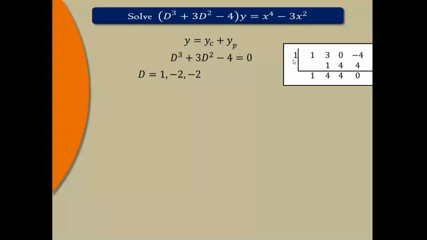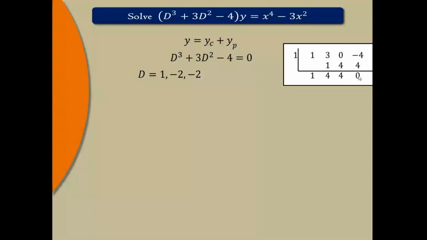Different values we have to check. Now after that we have to take this first coefficient as it is, then the product of these two terms over here, then the addition of these two terms gives 4, then 4 into 1 goes here, the addition of 0 and 4 is 4, 4 into 1 will be here, and the addition of these two terms is 0.